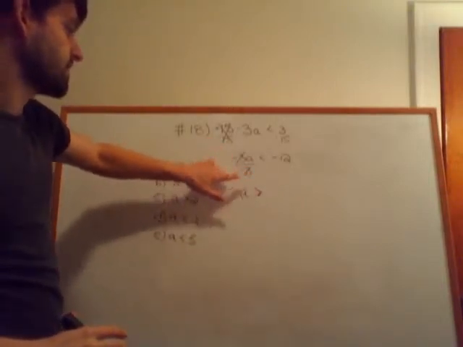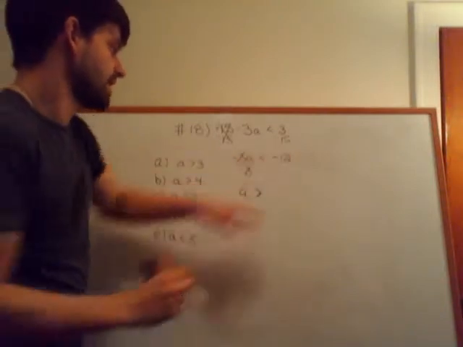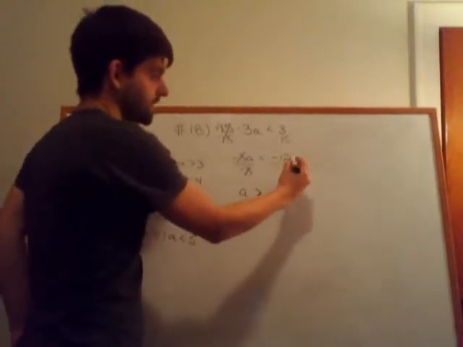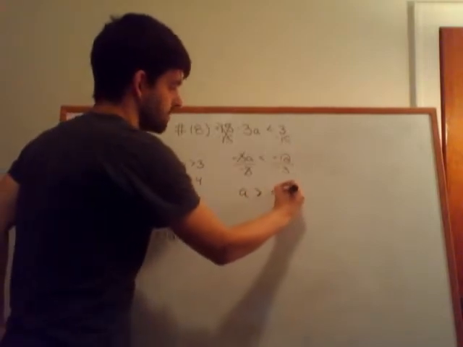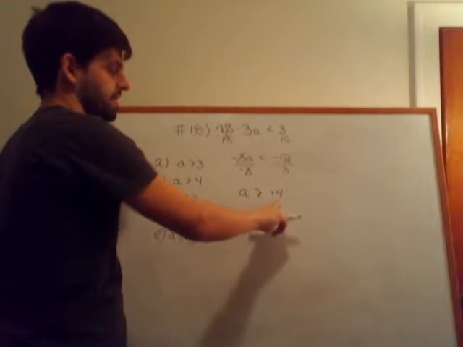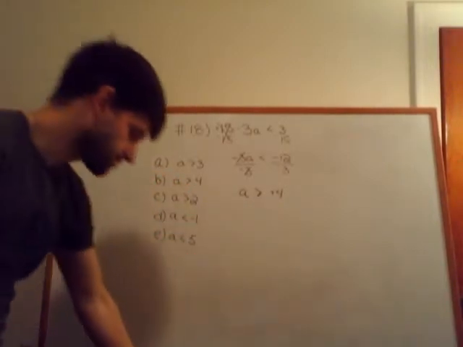So now that we've done the negative division, we flip the sign, and then we just go ahead with the arithmetic on the other side. -12 divided by -3 is a positive 4. So our answer is going to be that a is greater than positive 4, which is indeed our choice B.